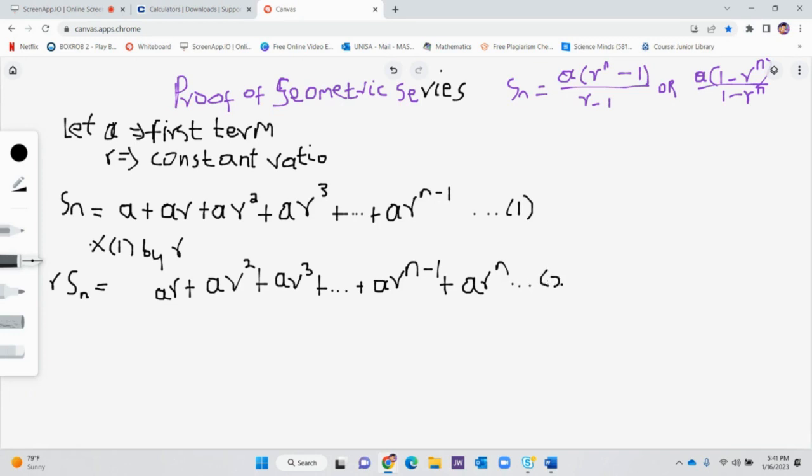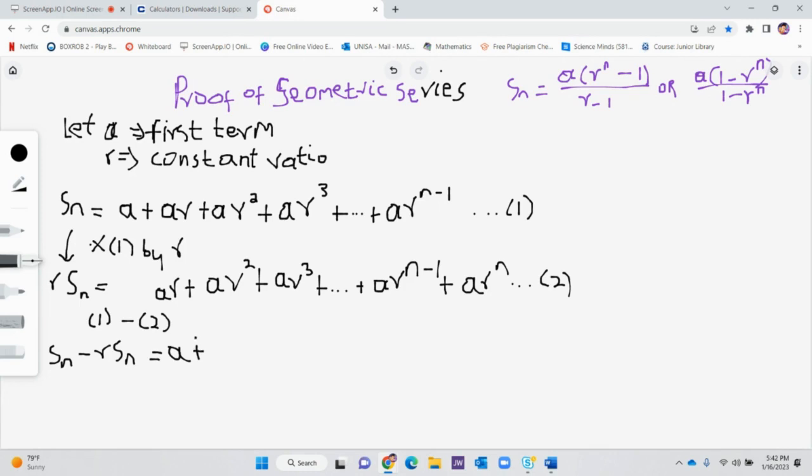Then we say equation 1 minus equation 2. So Sn minus rSn equals a minus 0 is a.